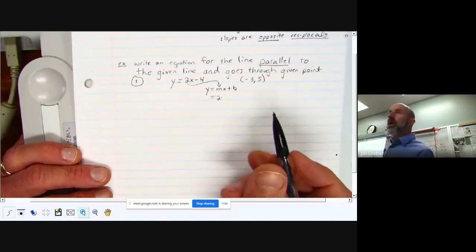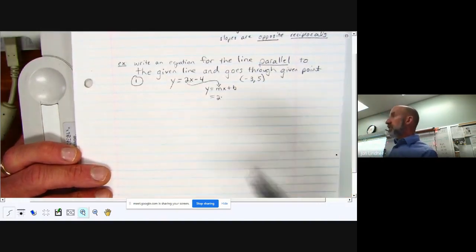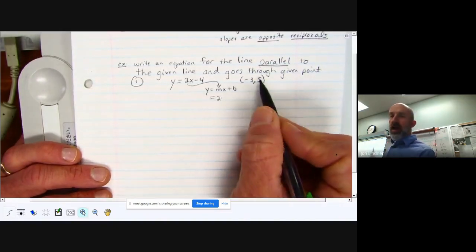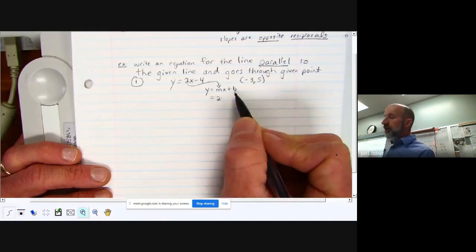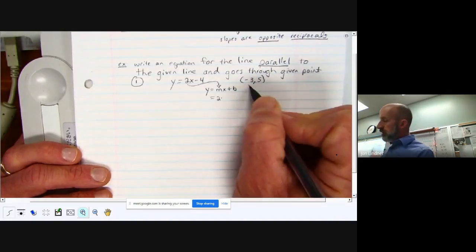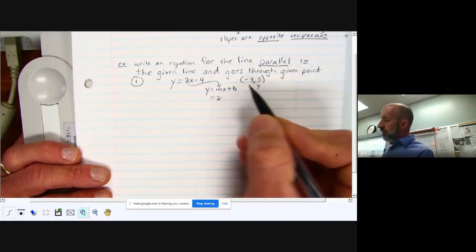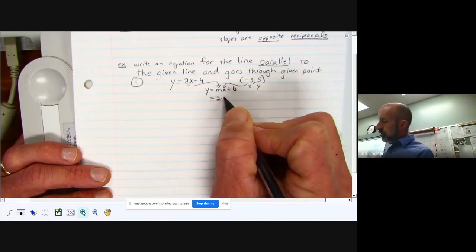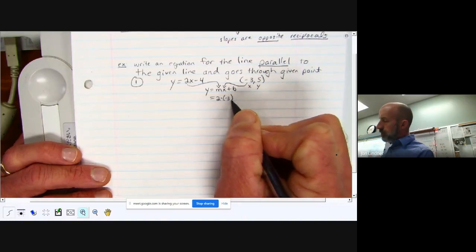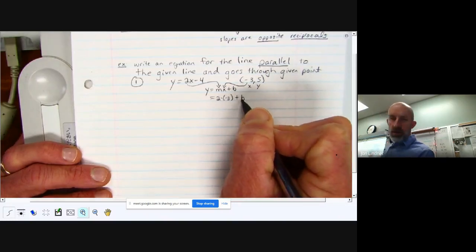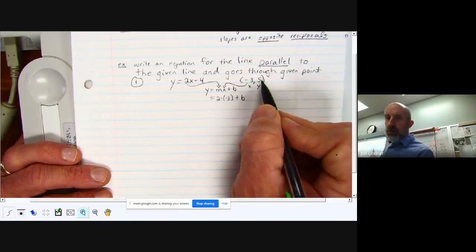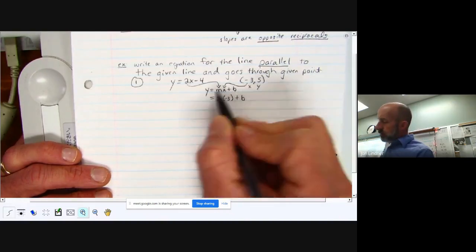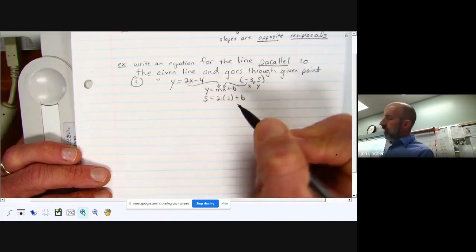Now we've done this process before, coming up with the equation of a line. I've got a slope and I've got a point, which means I can find out the b value. This is an x value, this is a y value. So I can put this -3 in right here. So this is 2 times -3 plus b. And I can put the y value in for y, so I can put the 5 in right there.